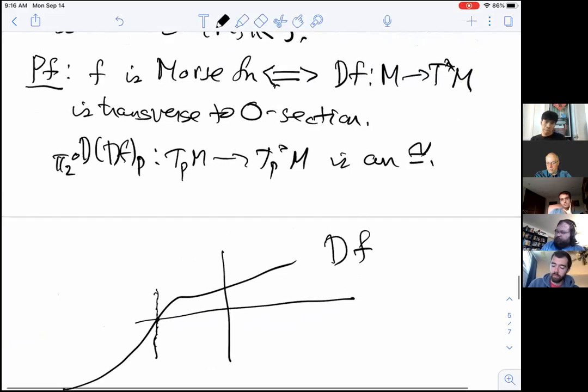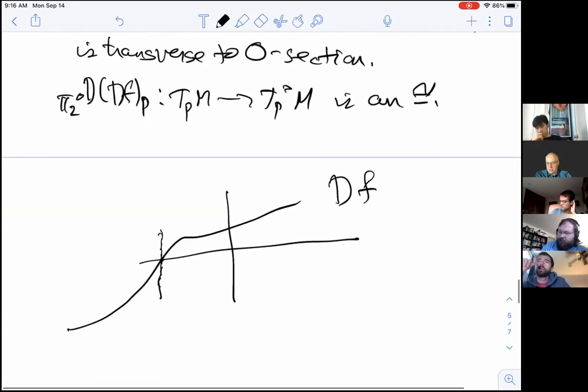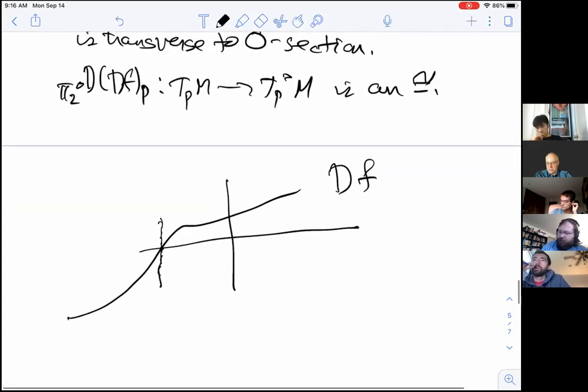Well, to be transverse to the zero section is an open condition. That's completely clear. And the fact that this also gives a dense set of functions satisfying this condition is a simple transversality argument.